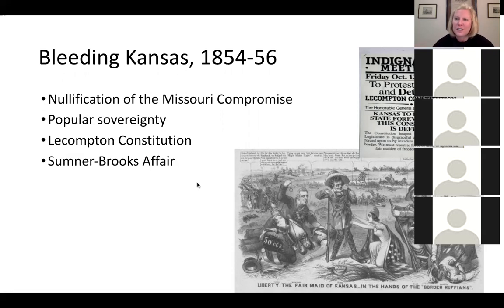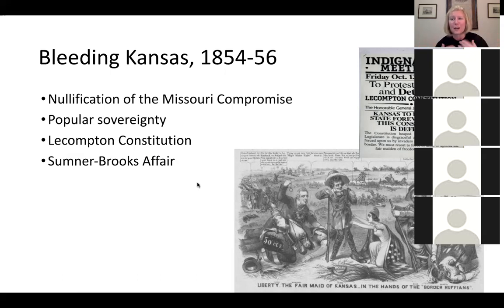So in 1856, in the town of Lecompton, which was a pro-slavery town, they said that they had done their own census, that they had at least 60,000 people living in Kansas territory. They wrote themselves a constitution and sent it to Congress, and Congress wouldn't even entertain it.